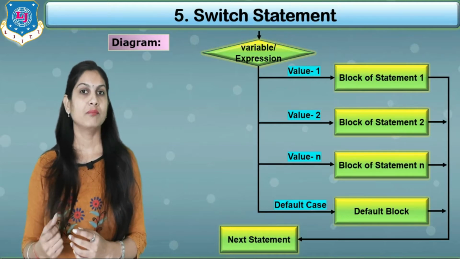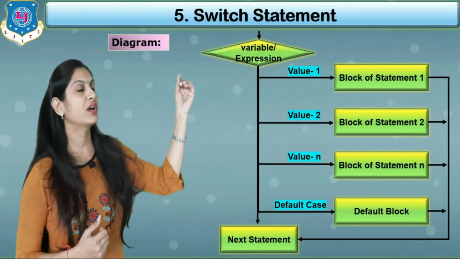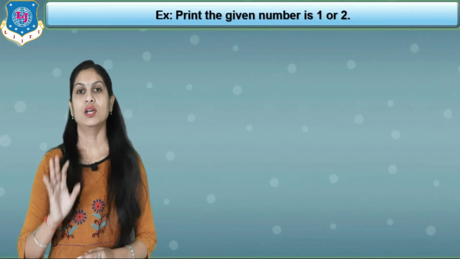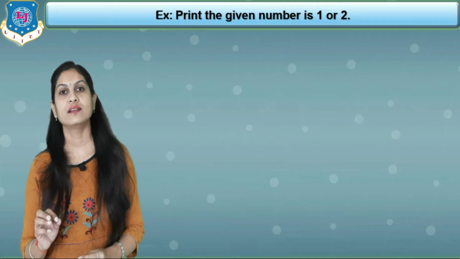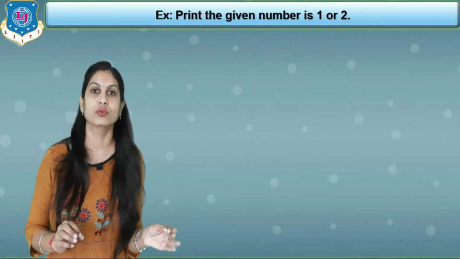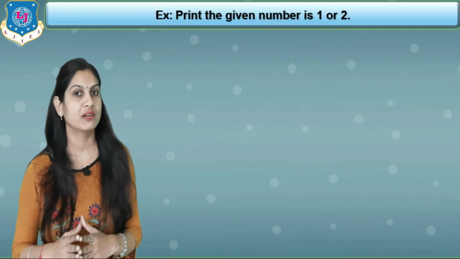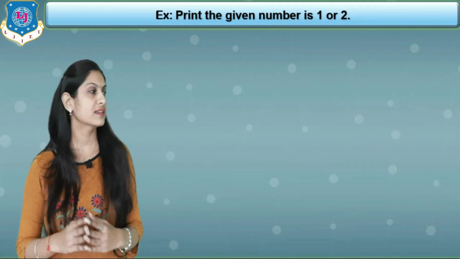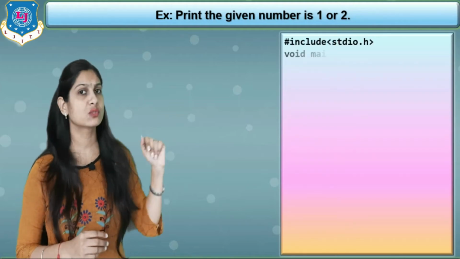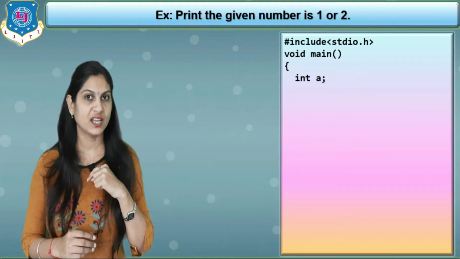For understanding better, let's take one program. You have to enter 1 or 2 only, and suppose you enter anything else than 1 or 2, then our default statement will be executed. In this case, first you have to read the number. If the number is 1, that we have to check.